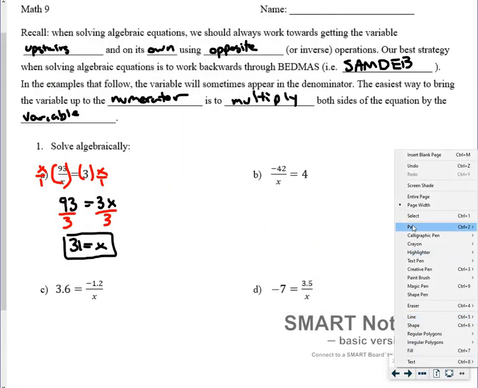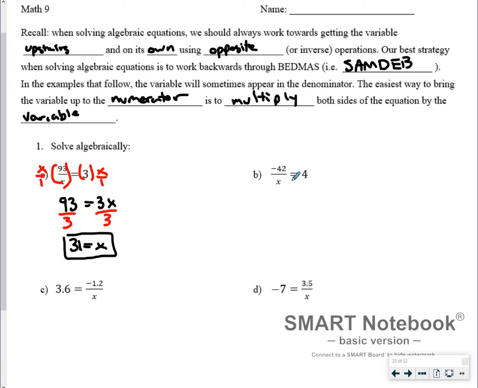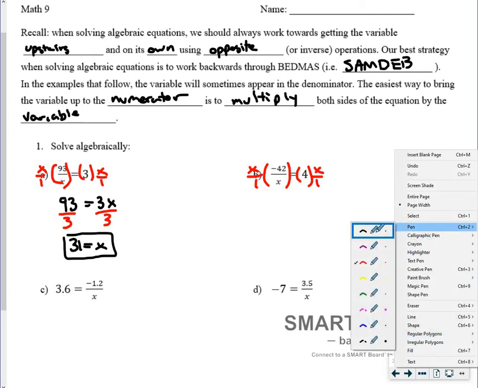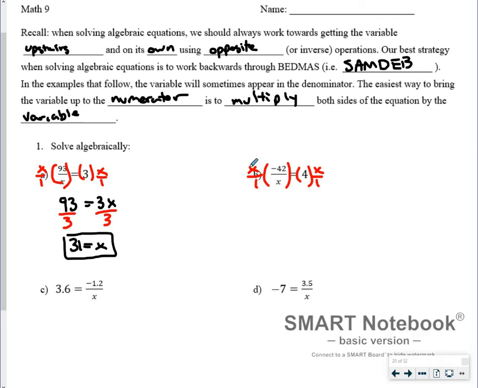Okay, on to the next one. Again, variable in the denominator. We need to get it into the numerator, so multiply both sides by the variable. And we know how to multiply fractions, so that should be easy enough. We just multiply straight across the top and straight across the bottom. So you would end up with negative 42x divided by x, and x divided by itself is just 1. Anything divided by itself is 1, so the result there is negative 42.